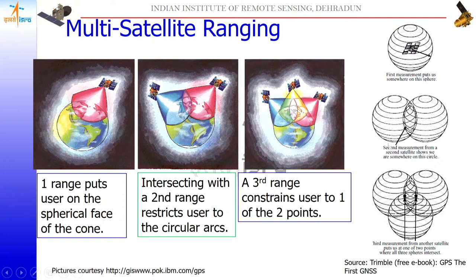When we use two satellites, it will draw a curvature. Once you get the range, it will cut like this and draw a circle.